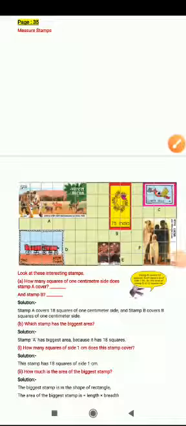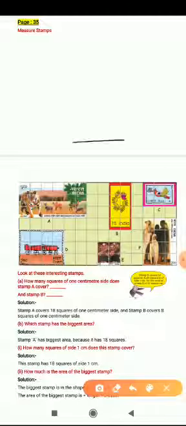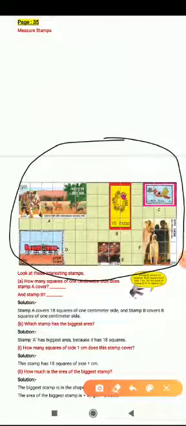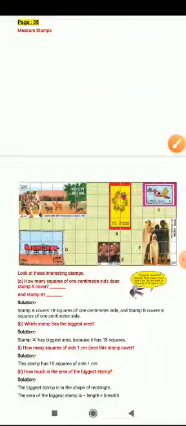Okay, page 35. It is Measure Stamp. Here we can see different types of interesting stamps on this sheet. Question A is, how many squares of 1 centimeter side does stamp A cover, and stamp B?